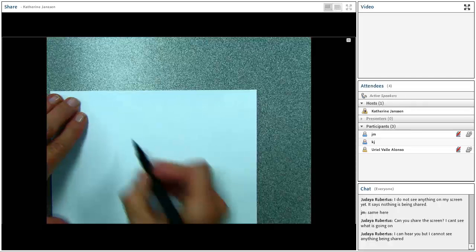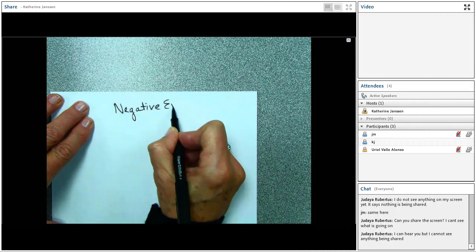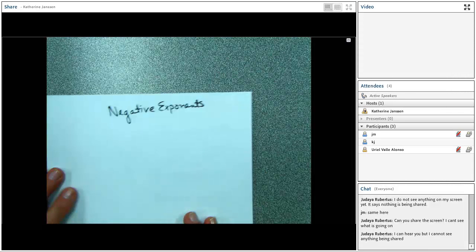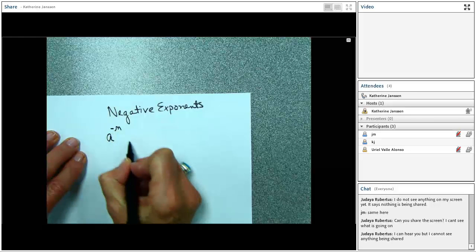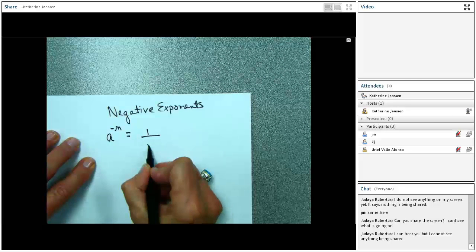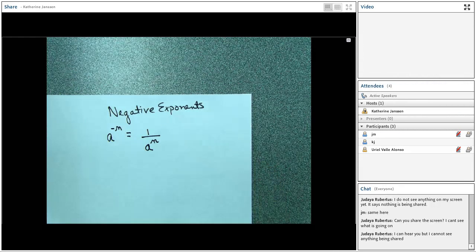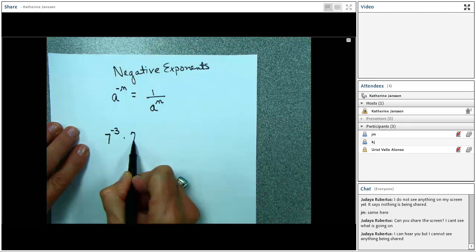And then negative exponents. Any base to the negative n is equal to take the base to the denominator and change the sign of the exponent. So 7 to the negative 3 times 7 to the 6th.